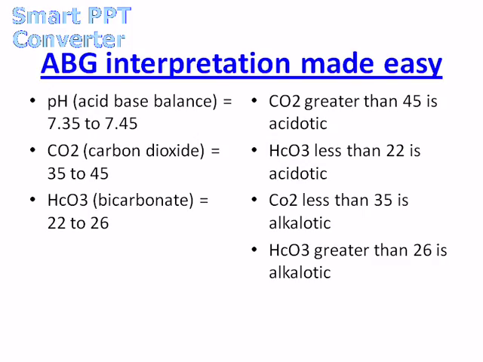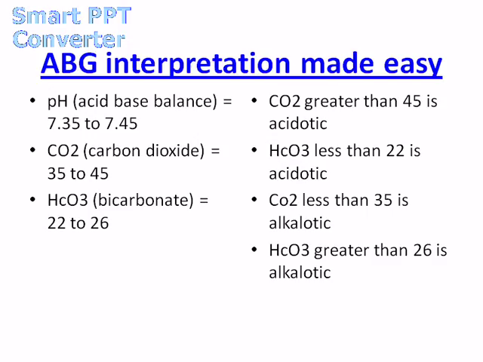The pH, which is the acid-base balance, the CO2, the carbon dioxide, and the HCO3, which is the bicarbonate. Now we know the normal ABG values are 7.35 to 7.45, that's our pH, our acid-base balance. Our carbon dioxide is 35 to 45, and our bicarb is 22 to 26.